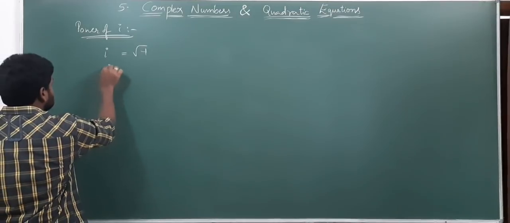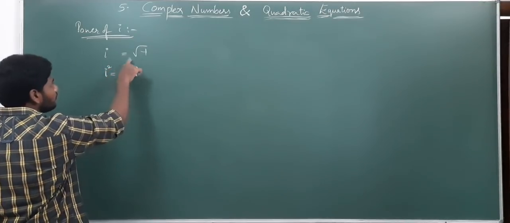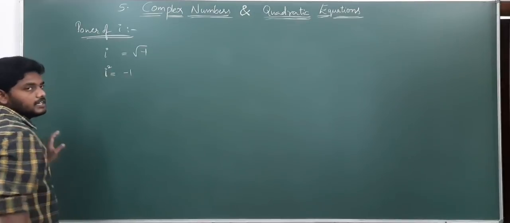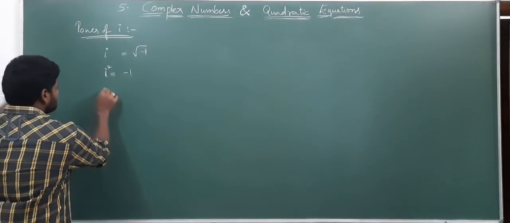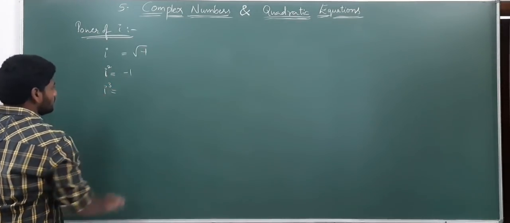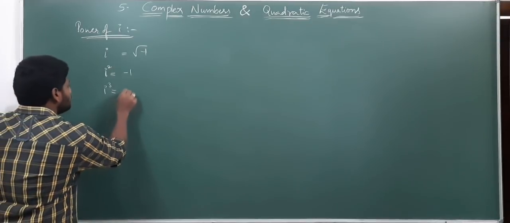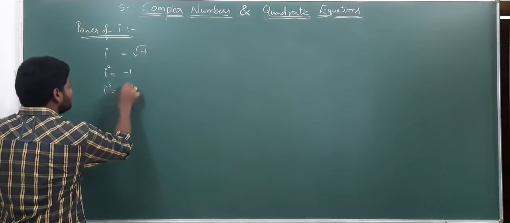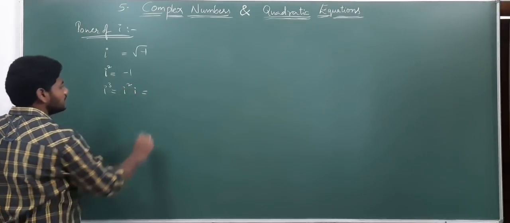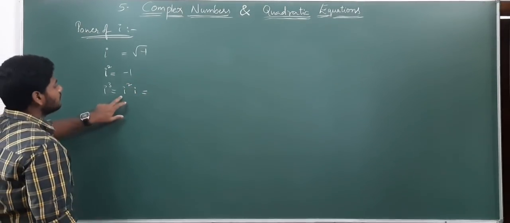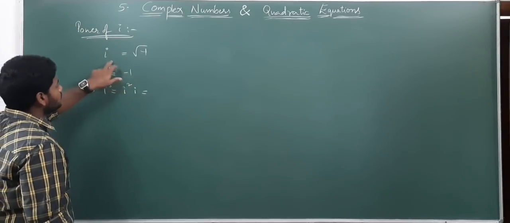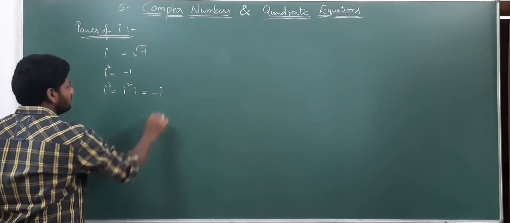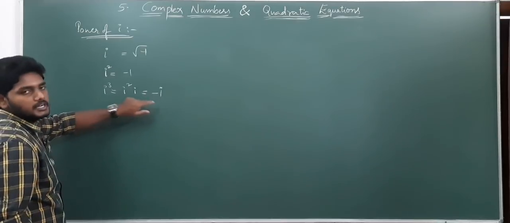Next, i square is equal to square root of minus 1 whole square, which gives minus 1. Next, i cube value. Actually we don't know i cube value up to now, but how can we write i cube? We can write i square into i. What is i square value? Minus 1. Minus 1 into i is minus i. So i cube value is minus i.